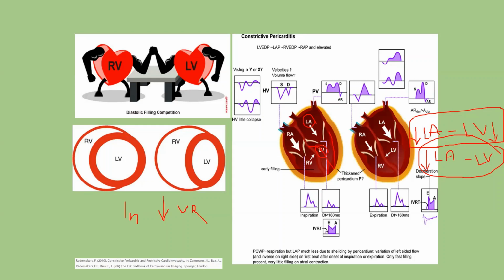Therefore, less blood flows during inspiration. Now, what happens during expiration? The flow increases, and the septum goes to the right side. So the flow improves during expiration in comparison to inspiration. This is the interventricular interdependence. So do you get it?